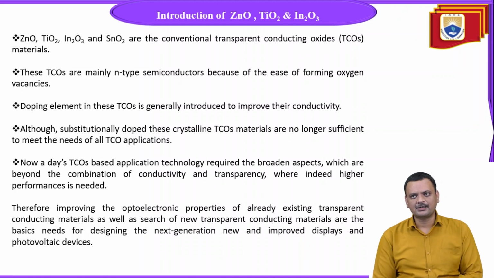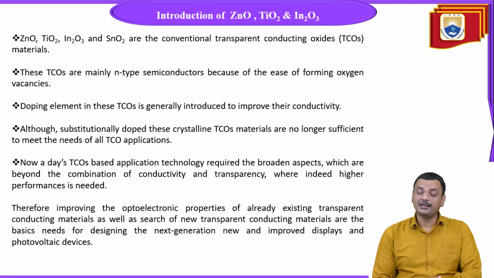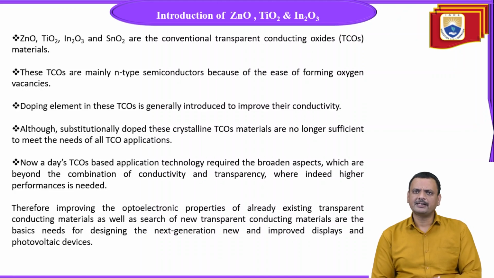But these transparent conductors are made with the help of metal oxides. That's why the name TCO, transparent conducting oxide, came. And these materials are very, very useful in optoelectronic applications. That's why we choose ZnO, TiO2, indium oxide, and tin oxide.